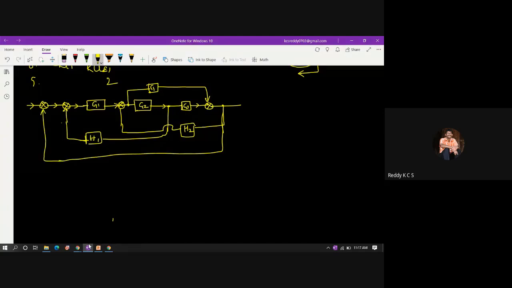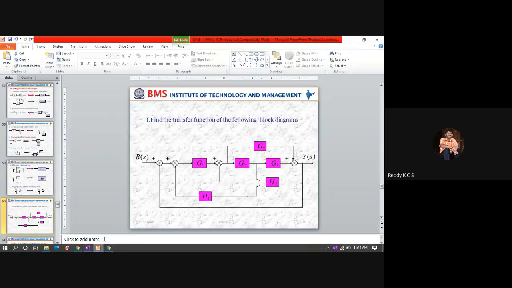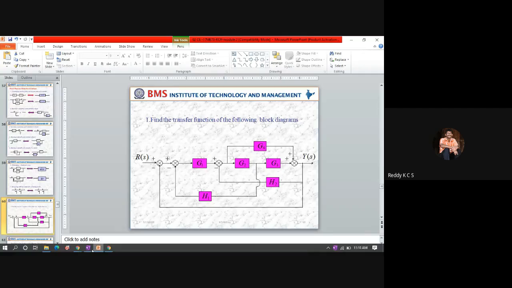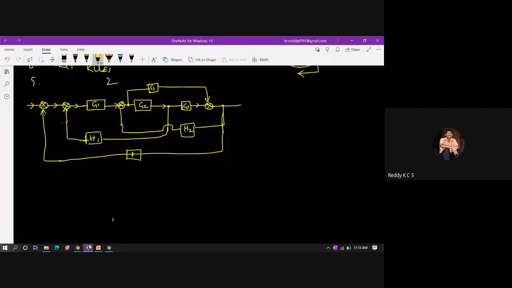Here nothing is there, in the sense it is taken as 1. That is called a unity feedback system. If nothing is there, you can say it as 1. And the signs at the first summing point: minus, minus, minus, and plus, plus. So this signal is minus, this signal is minus, and these are both plus. And this is, say for example, C of S, and this is R of S. This is the problem given.